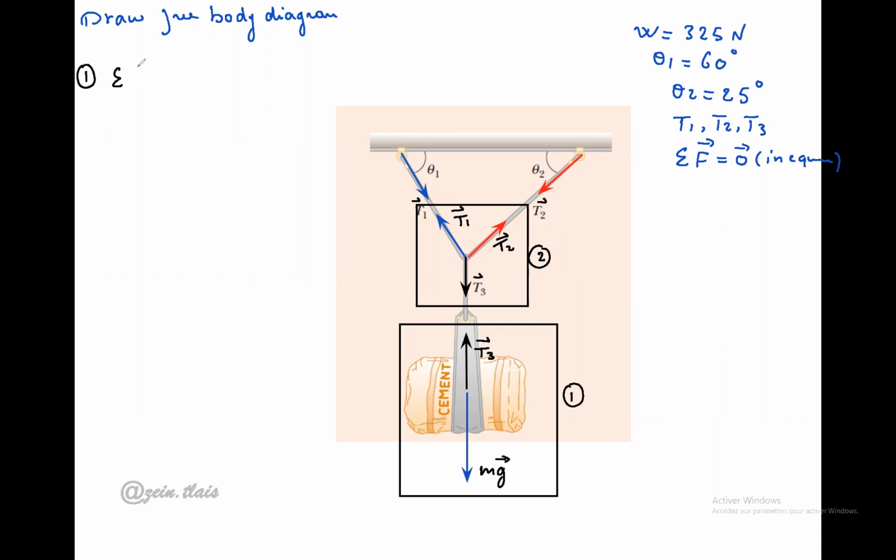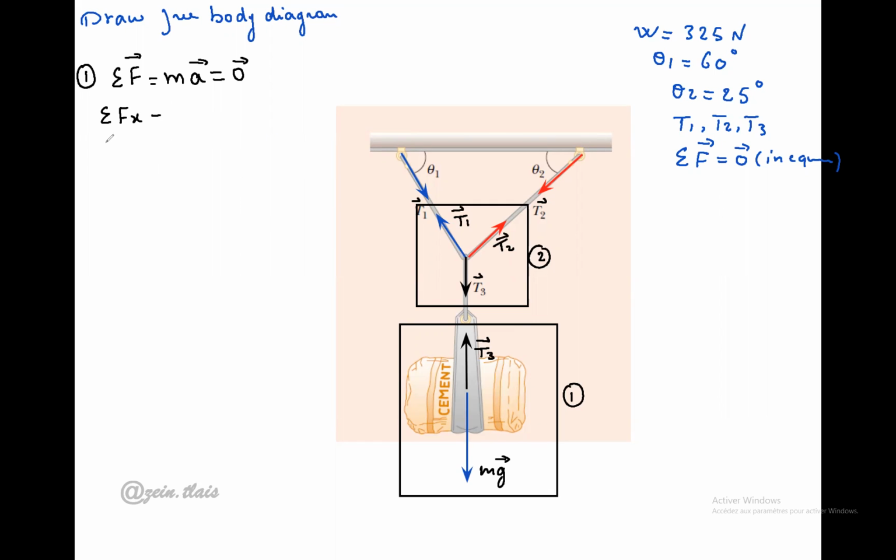The summation of F applied on the bag of cement equals M times A, equals 0, because it's in equilibrium. In the x direction, we have no forces because we have nothing in this direction. We have forces only in the y direction.